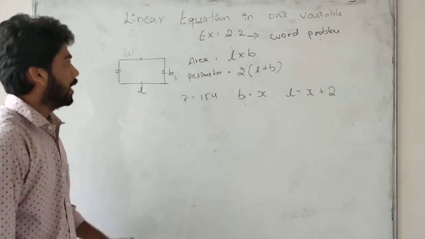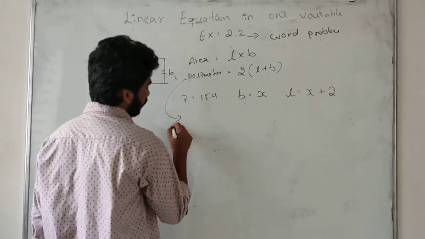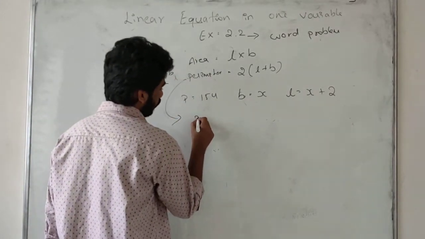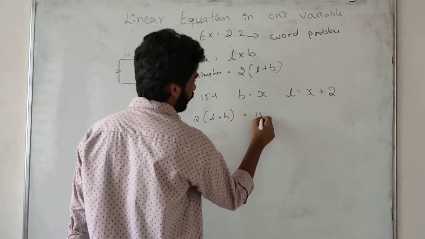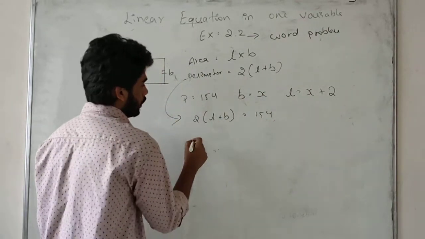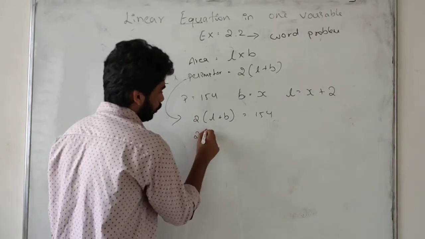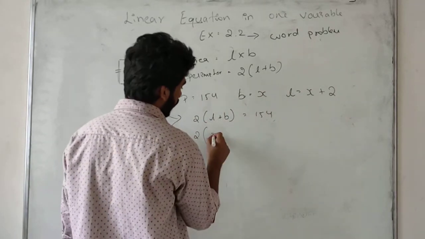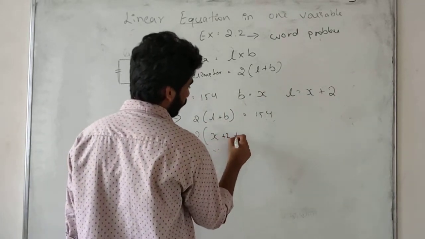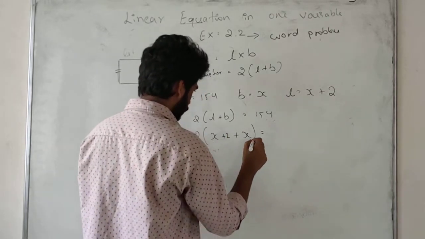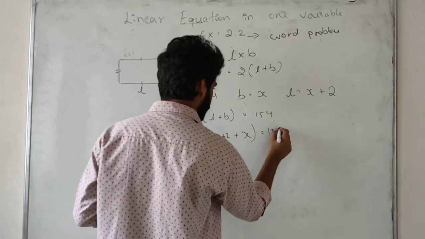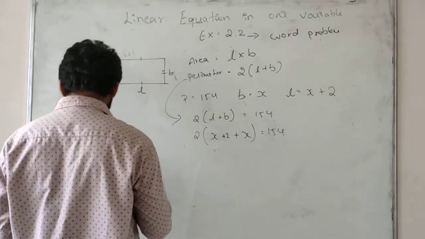Okay. Now perimeter. What is the perimeter formula? 2 into L plus B. We know that perimeter is 154. We have to substitute this. 2 times length 2x plus 2, plus breadth x, is equal to 154.